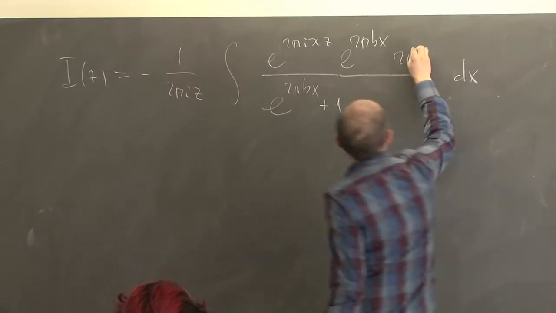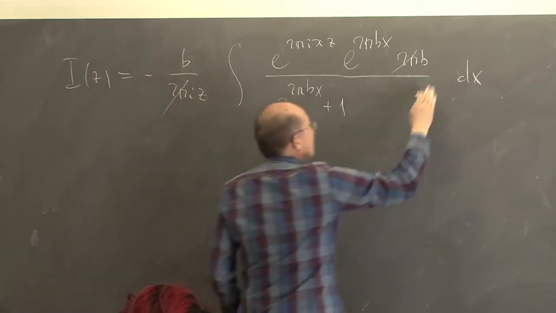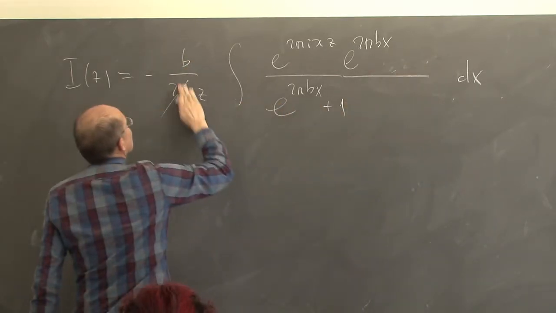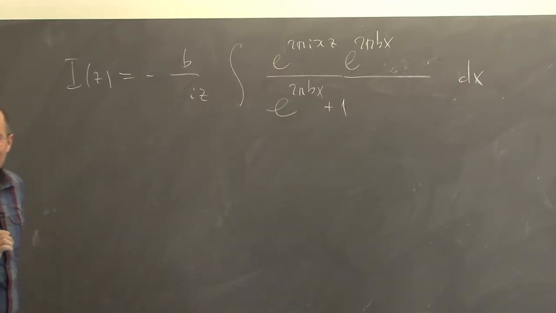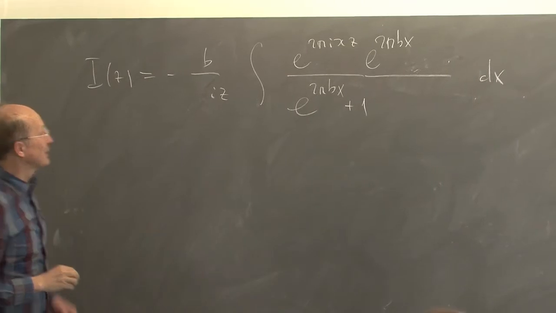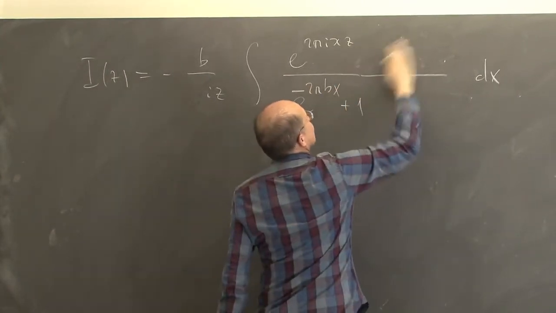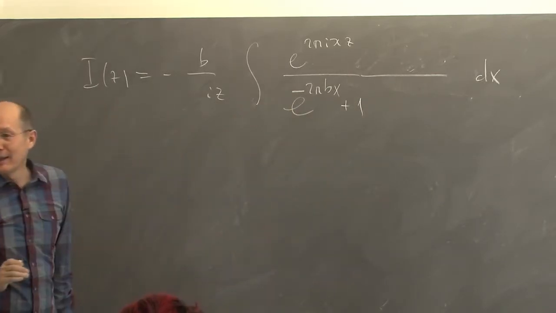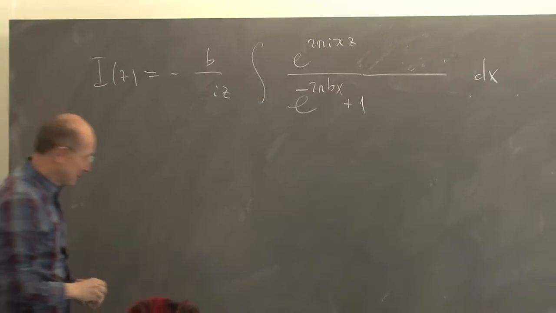We can cancel this. We can put b here. Sorry. That's the formula, and we can put it like this if you want. And that's the formula we will start with after the break.